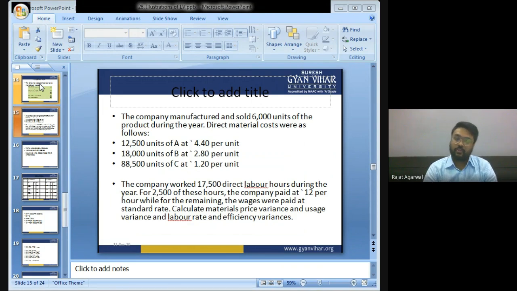Material A is consumed at the rate of 4.4 per unit, material B at the rate of 2.8 per unit, and material C at the rate of 1.2 per unit.